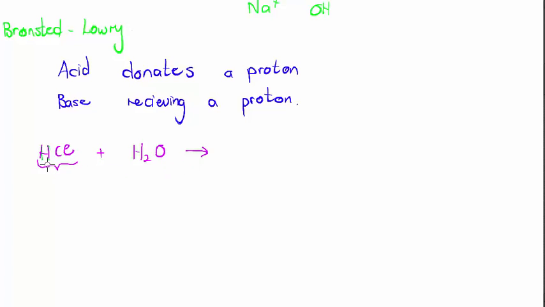So it ionizes, the hydrogen gets donated to the water to produce H3O+, that's the one ion, and the other ion that remains is chlorine.